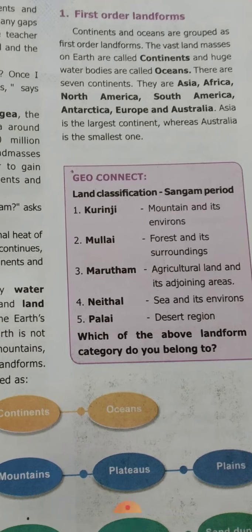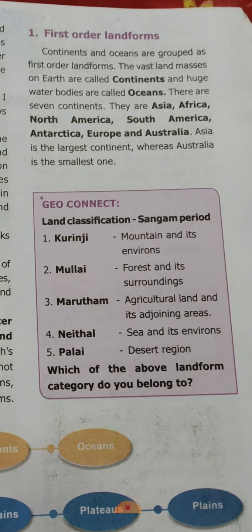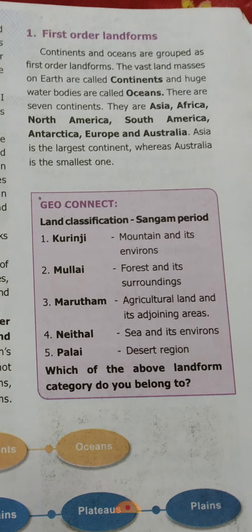First order landforms. Continents and oceans are grouped as first order landforms. The vast land masses on Earth are called continents and huge water bodies are called oceans.